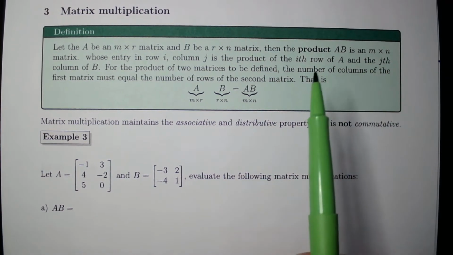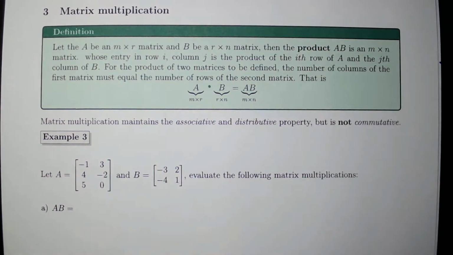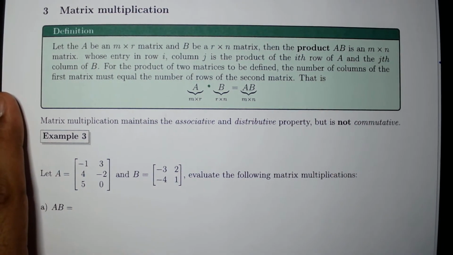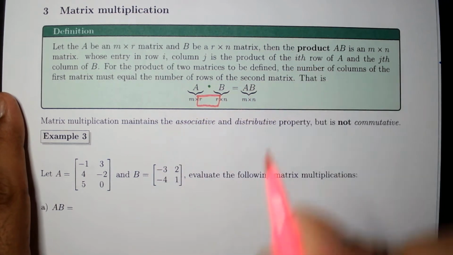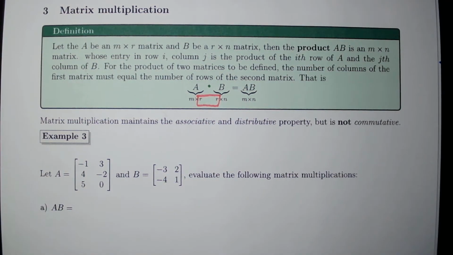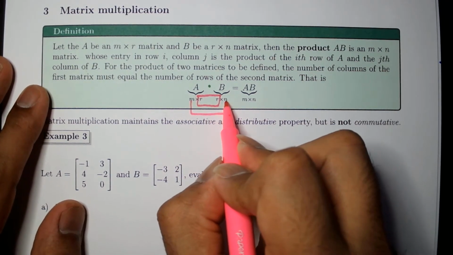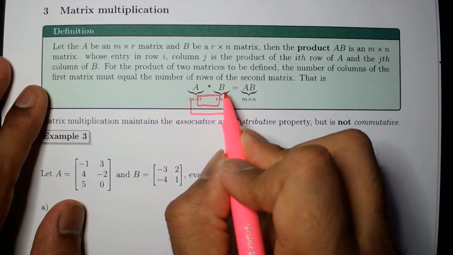In order for this product to be defined, the number of columns of the first matrix, that is r, has to be the same as the number of rows of the second matrix, and the product, the new matrix, will have the number of rows of the first matrix and the number of columns of the second matrix.